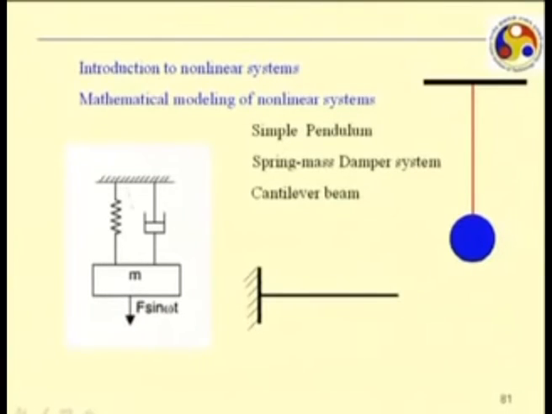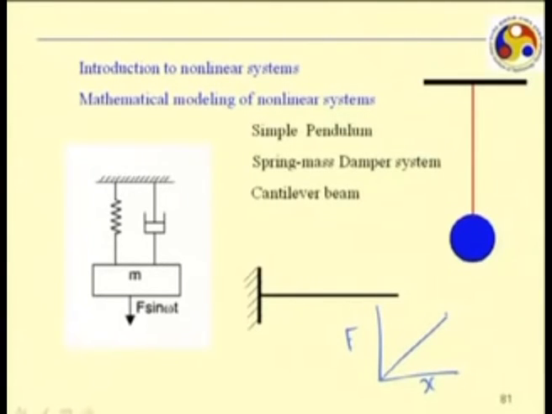In the spring mass damper system, we have assumed the spring to be linear. That means if you apply a force F to the spring, the force and displacement curve is linear. If one plots the force of the spring versus displacement, the curve is like this.